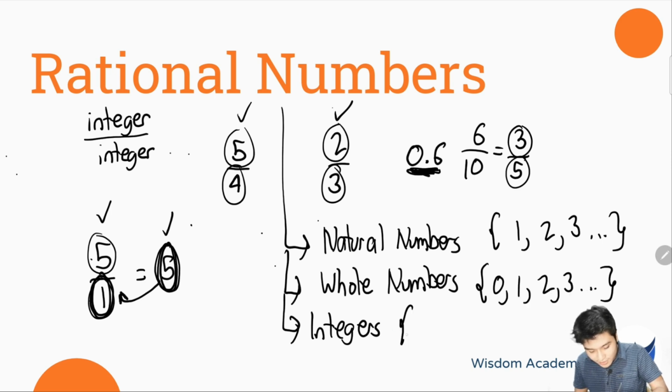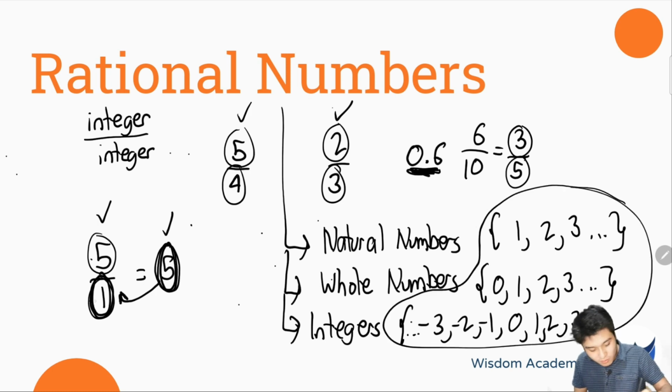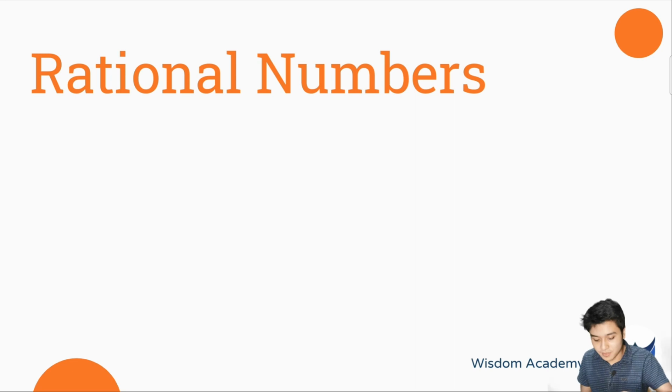And itong integer set yan ng mga negative versions ng mga counting numbers natin, 0, tsaka ng mga positive counting numbers natin. So, as you can see, lahat ng mga to, pwede mo imagine na may over 1 sila. So, pwede mo sila express as a quotient of two integers. So, anytime, mako-consider mo sila as rational numbers. So, yun ang takeaway natin. Lahat ng natural numbers, whole numbers, and integers, they are all rational numbers.